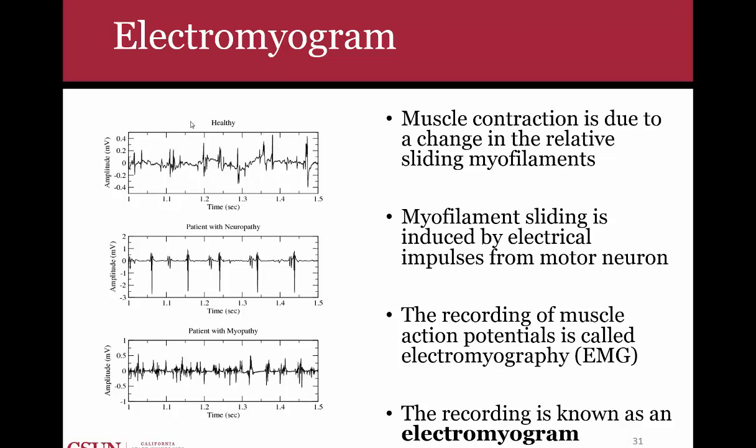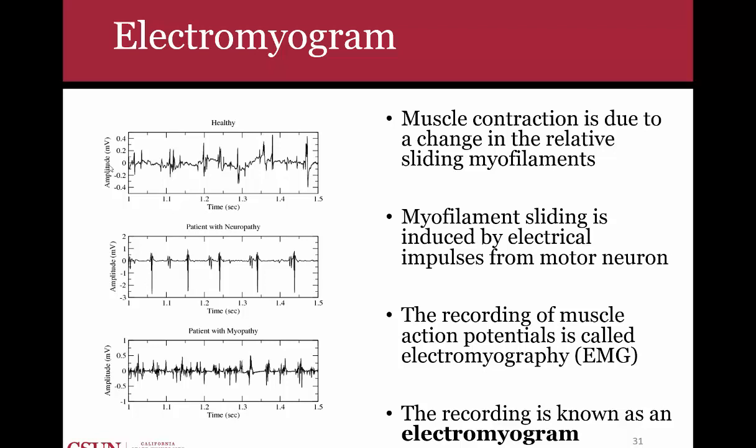Now they're very small voltage signals, and they can be compounded by noise, but we'll get to how to actually get rid of that noise and get these relatively clean signals in ECE 503, if you guys enroll in that. Muscle contraction is due to change in relative sliding of the myofilaments, and that's induced by these electrical impulses. And so that's the electromyogram.